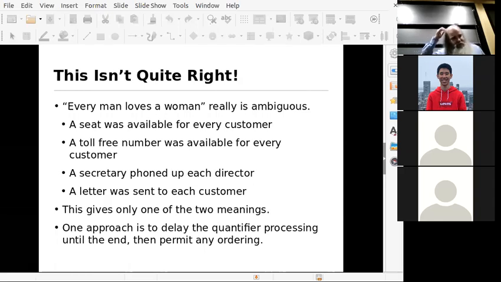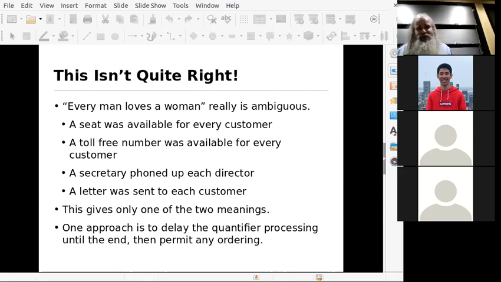And be aware, life's a little even harder than that. So if I say a statement like a seat was available for every customer, there are 100 customers, how many seats are there? Probably 100, or there's going to be some pretty upset customers, okay? However, if I say a toll-free number was available for every customer, I've got almost the same syntax.